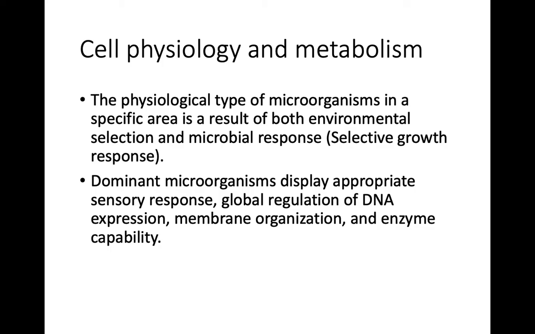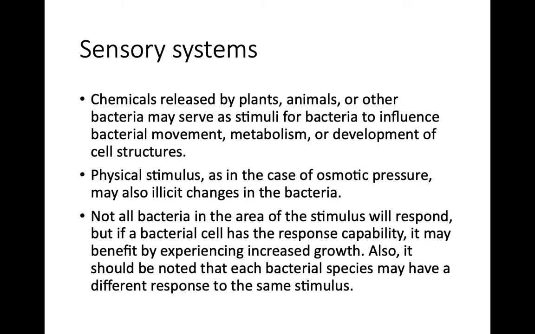Let's further talk about sensory response and global regulation. These two topics are the highlight of our module. So in nature, stimuli may be of different types and forms, such as chemicals. For chemical stimuli, we have compounds that are released by plants, by animals, or other bacteria. They can influence how a bacterium will move from one location to another if it's trying to avoid that stimulus.